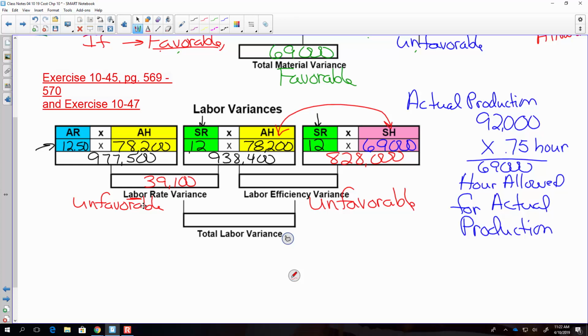Minus 938,400, 110,400. Both same direction. So I got killed on rate. I got killed on efficiency. My production manager is going crazy, right? So that is going to be 149.5, unfavorable.